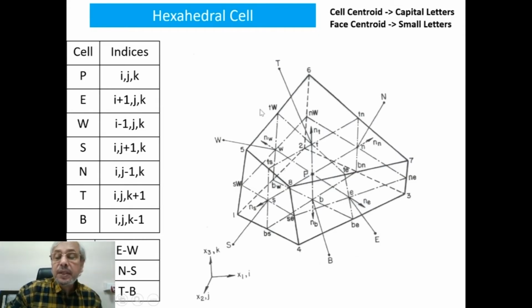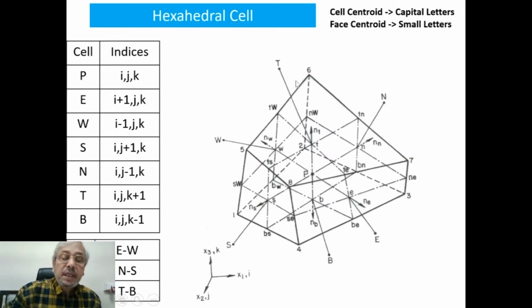East-west direction variation is the variation in I. As you can see, on the eastern side I is increasing, I plus 1, I plus 2, and on the western side I is decreasing, I minus 1, I minus 2, etc. Similarly, J is in the north-south direction. So J is increasing in the southern direction, J plus 1, J plus 2, etc. J will decrease in the northern direction, J minus 1, J minus 2, etc. And K is in the top and bottom direction.